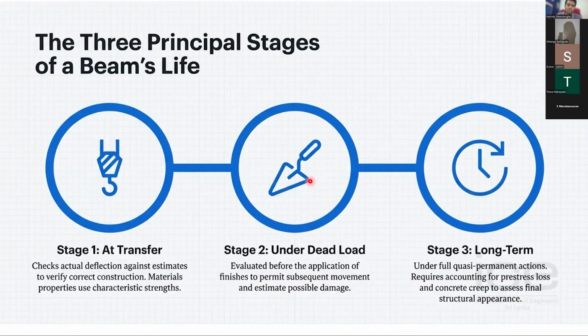So all these 3 stages we have to calculate manually, or analyze and find the deflection and check it, because as I mentioned, we cannot define a span to effective depth ratio like in reinforced concrete, because this upward deflection will depend on the pre-stress that you apply.